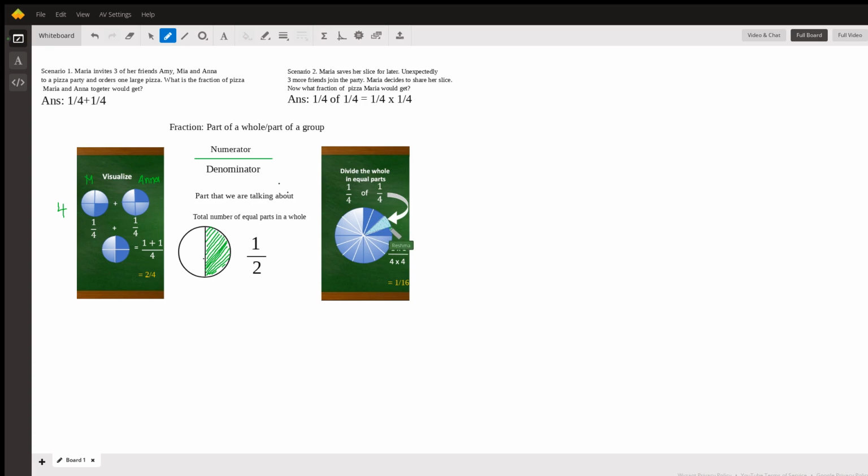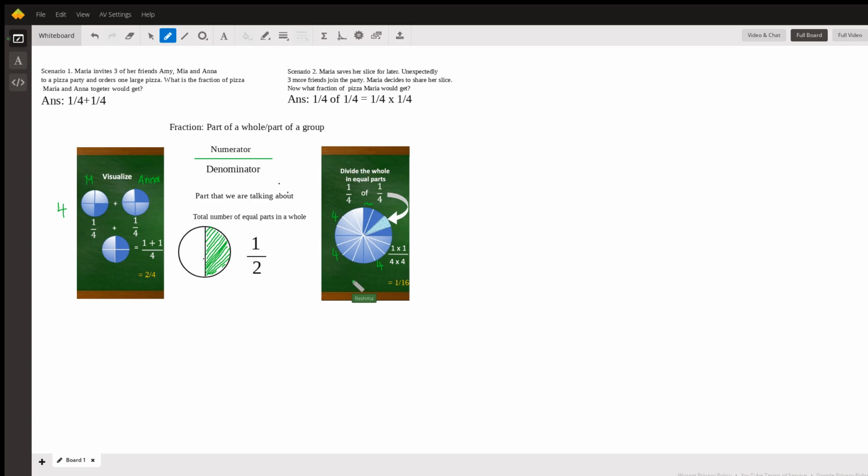Now, how can we represent this 1/4 of 1/4 as a fraction? We cannot represent it as a fraction unless we divide the whole pizza into equal parts of the same size, which is this much. So we cut each fourth into another 4 equal parts.